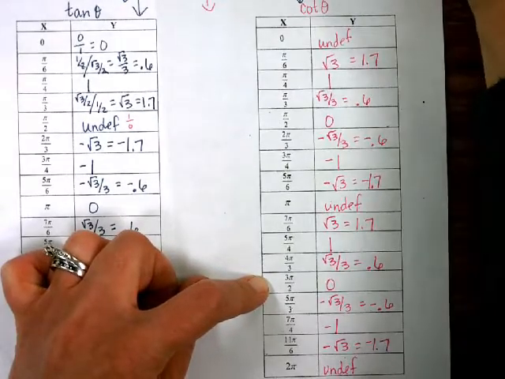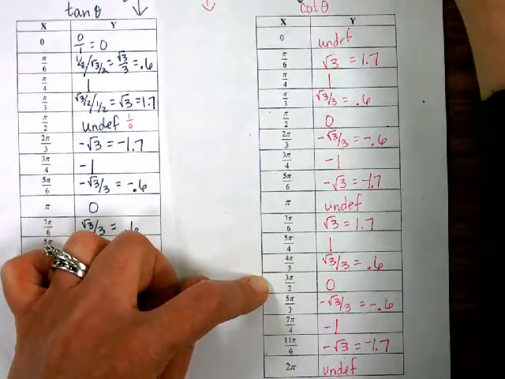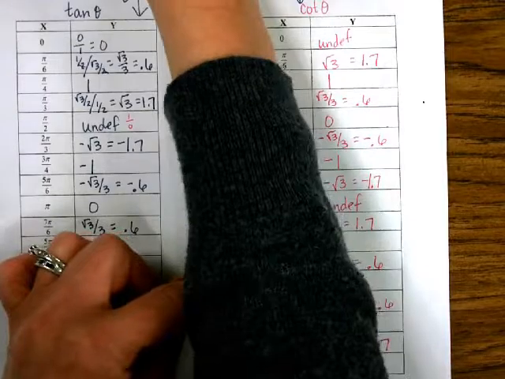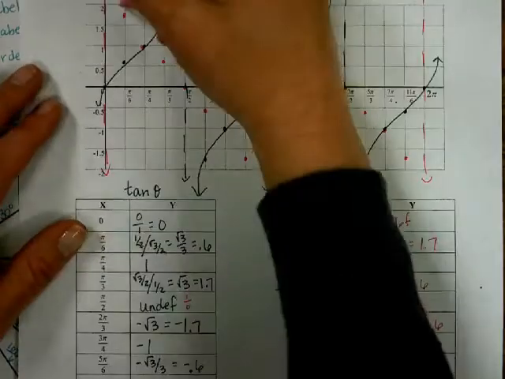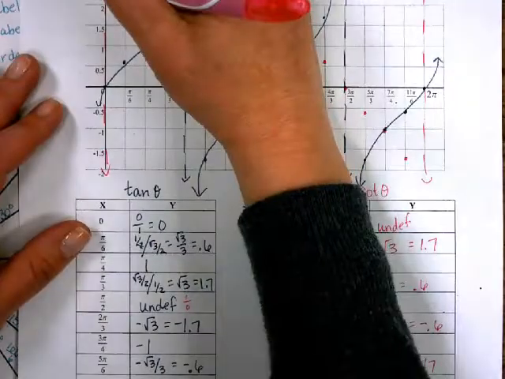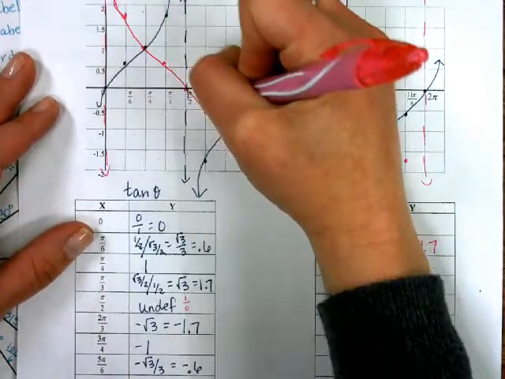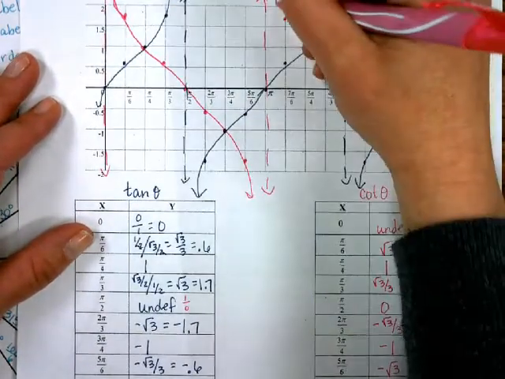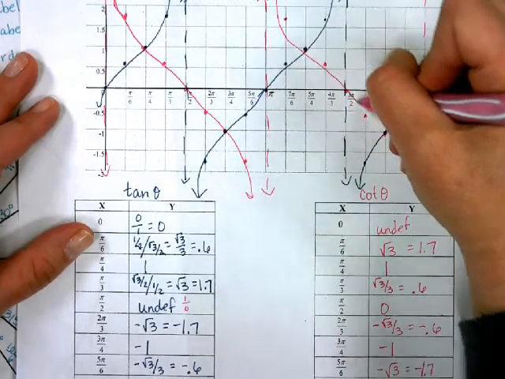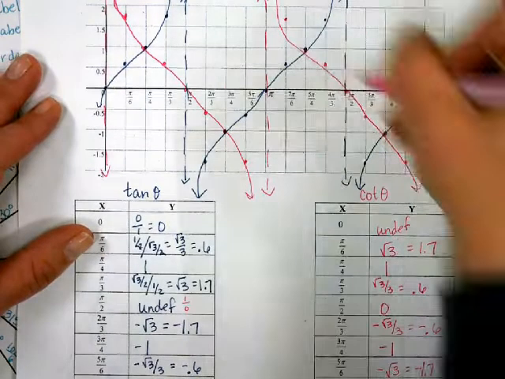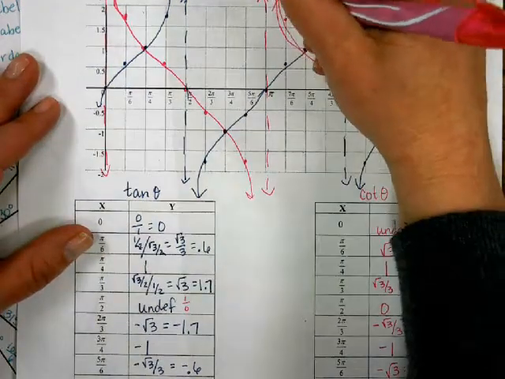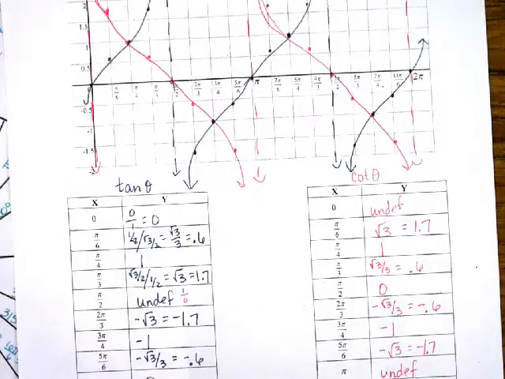Okay, and again, these guys make a curve shape. It's not like a straight line headed straight for them. So they kind of curve down like this. Oops, missed that one. Curve down like that. So that pink there is cotangent. Okay, so you should have all 6 graphs on your paper.